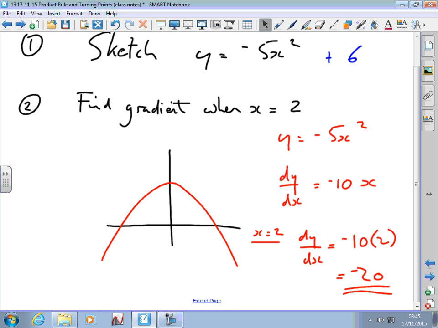Does that change the gradient when x equals 2 by shifting it up and down? Does it change the gradient? No. So that highlights why when I differentiate a constant it disappears, because all that does is shift the curve. It doesn't change the gradient, so that's why.